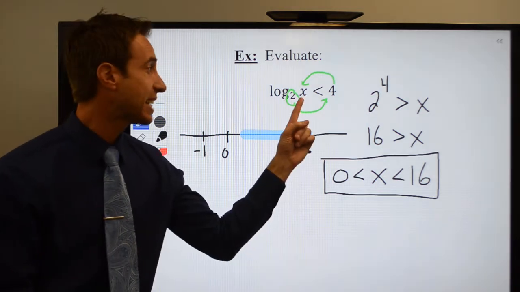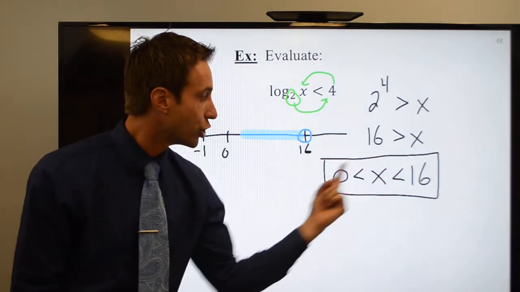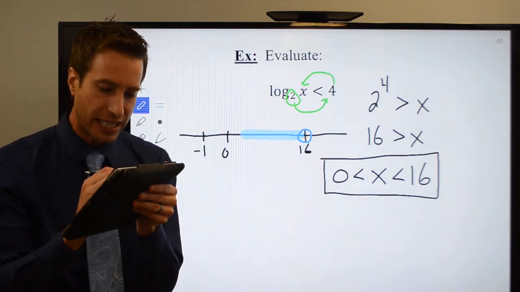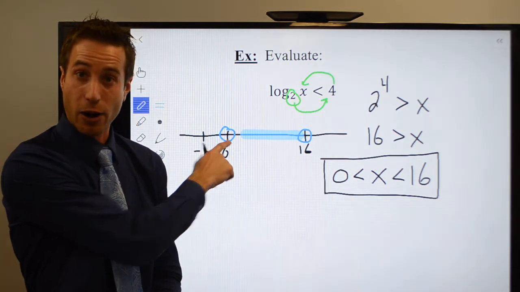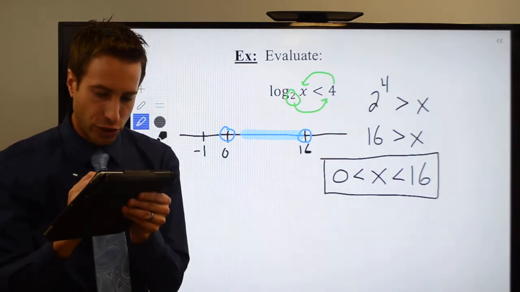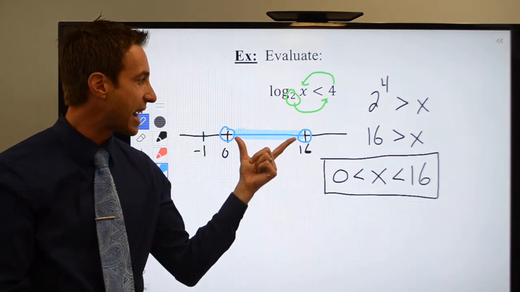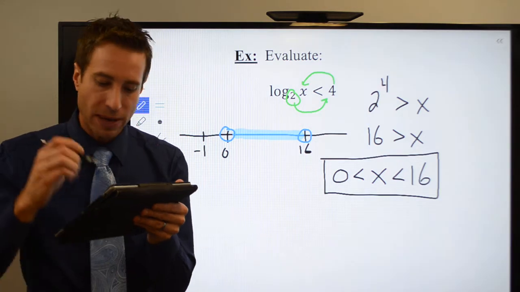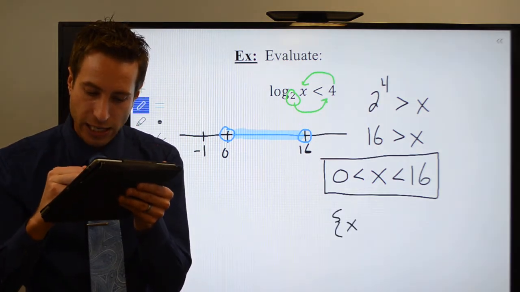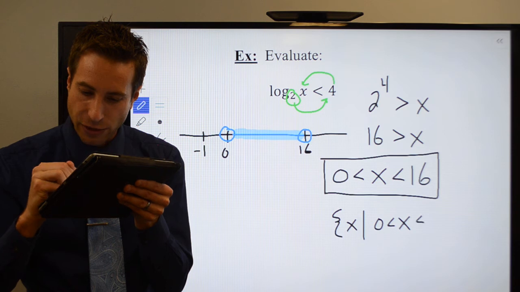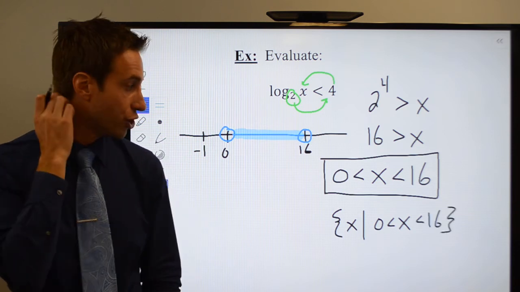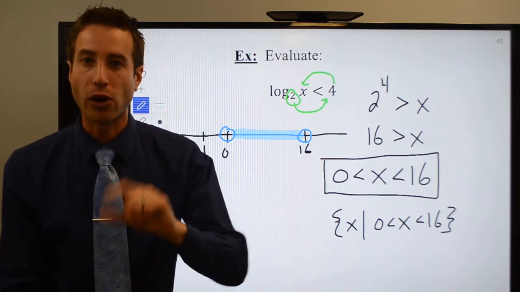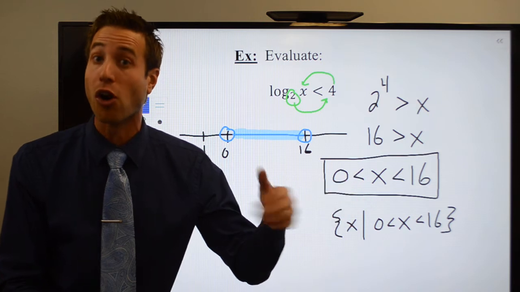But you know you can't take the log of 0 or a negative number, so you've got to add that extra little bit that tells me, hold up, you need to stop right there, restrict the domain, don't include 0 or negative numbers, and I only need just those guys right there on the number line. Of course, be ready to write it in set builder notation if I ask you for it, which of course would just be that.